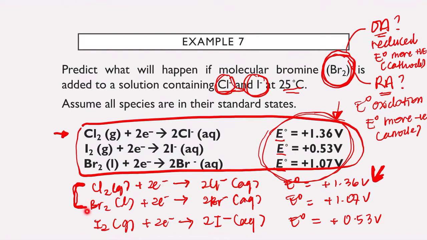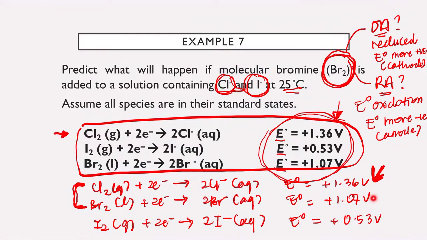But Br2 will be able to oxidize I minus. Why? Because your Br2 has a more positive value of E0 than I2/I minus. Therefore Br2 is able to act as a cathode and undergo reduction.